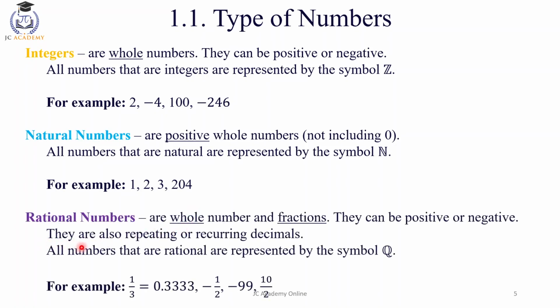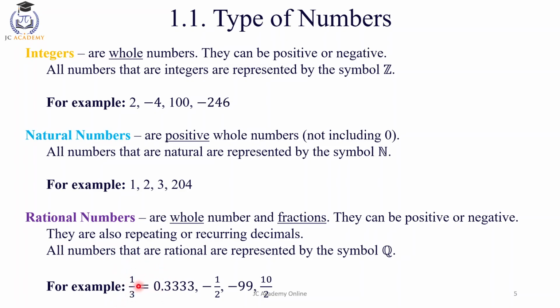Then we have rational numbers. Rational numbers are whole numbers and fractions. They can be positive or negative. They are also repeating, so they also include recurring decimals. All numbers that are rational are represented by the symbol Q. For example, we have a third.